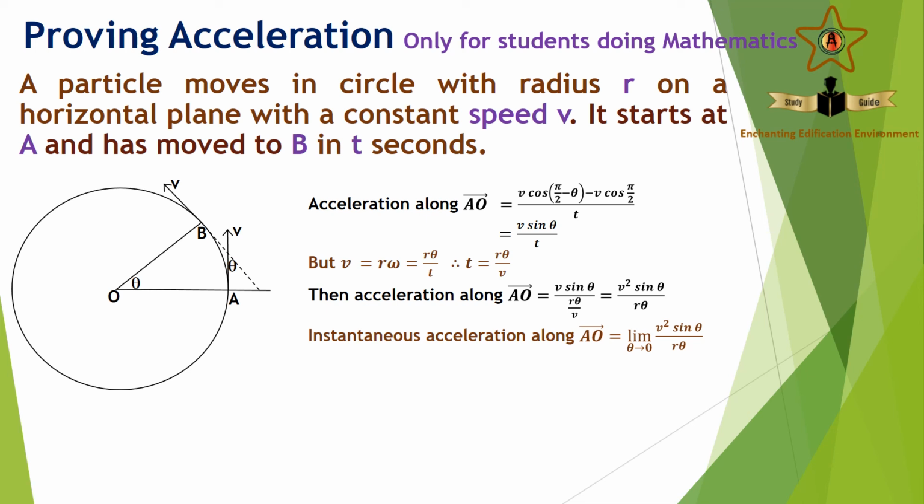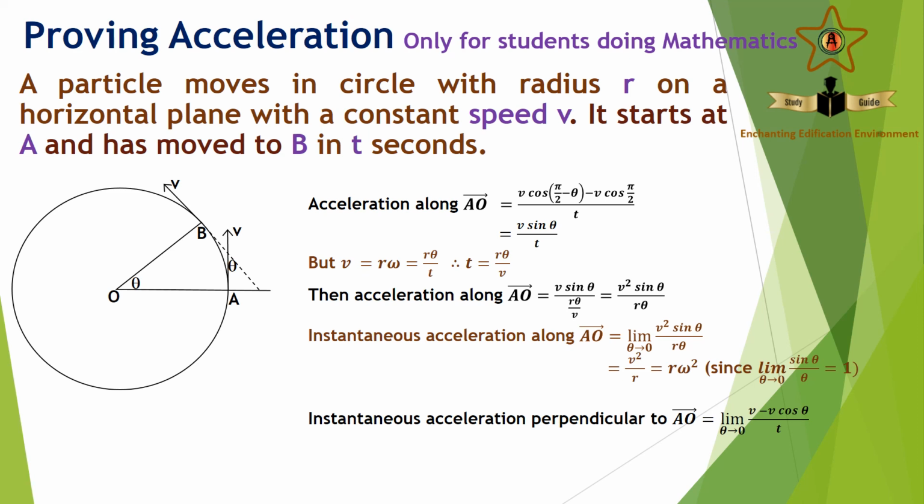To get the instantaneous acceleration, we have to get the limit where theta tends to 0. So instantaneous acceleration is the limit as theta tends to 0 of v squared sin theta divided by r theta, which is going to be v squared over r or r omega squared. Recall that the limit as theta tends to 0 of sin theta over theta is 1.